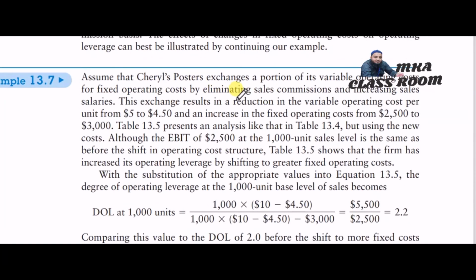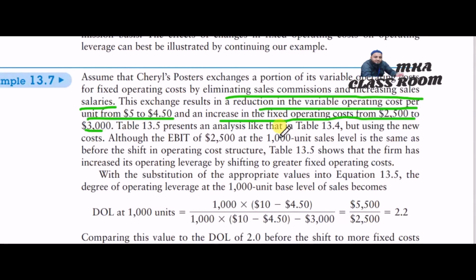Suppose the firm exchanges a portion of its variable operating cost for fixed operating cost by eliminating sales commission and increasing sales salaries. This exchange results in a reduction of variable operating cost per unit from 5 to 4.5 and increases the fixed operating cost from 2,500 to 3,000.